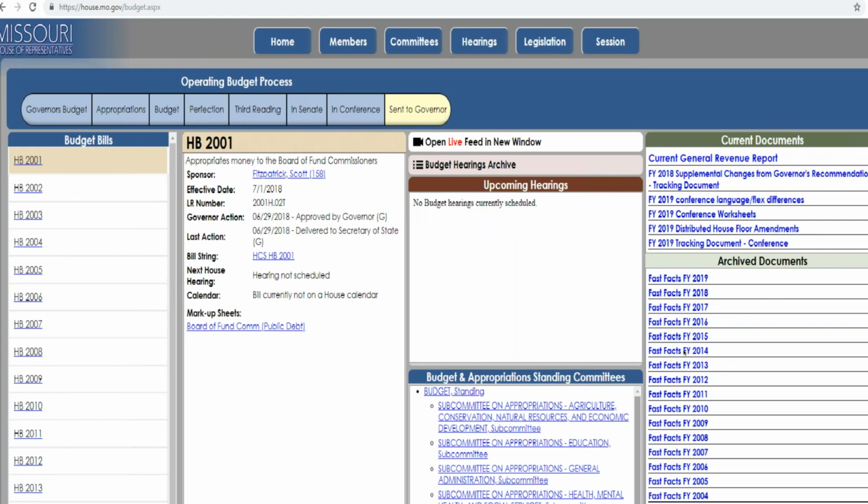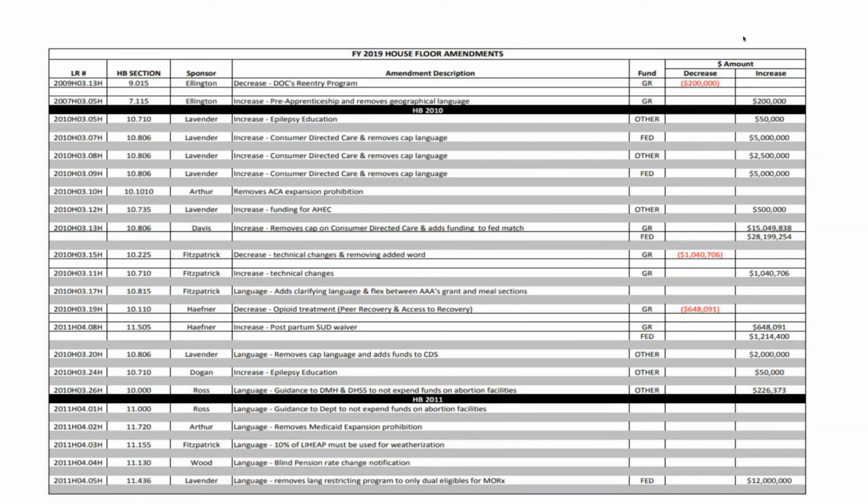Facts on the budget are on the right-hand side, and then some of the working documents that move through the process will be on your right-hand side. And so this is a great reference to follow the process as the budget bills morph and change and move through the whole process.